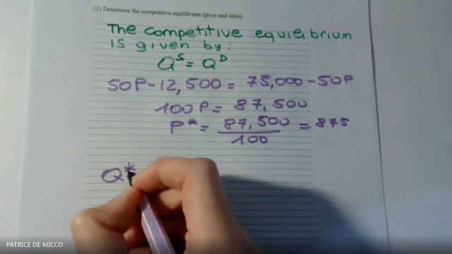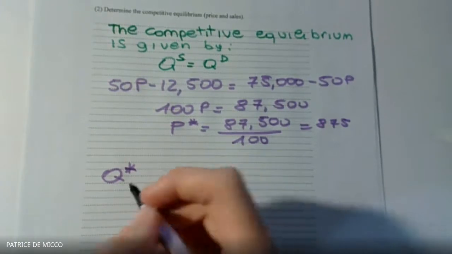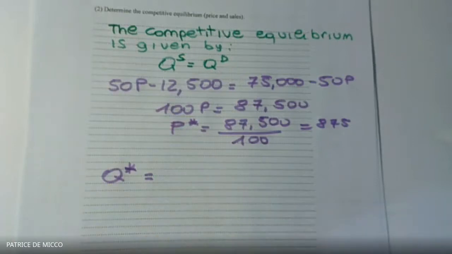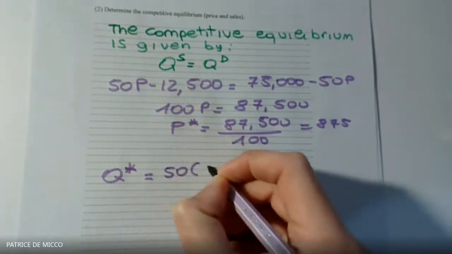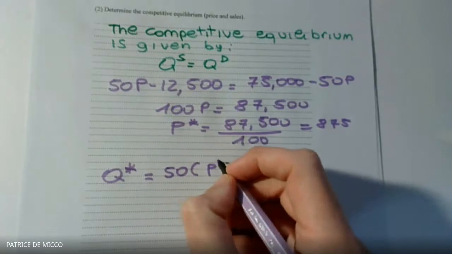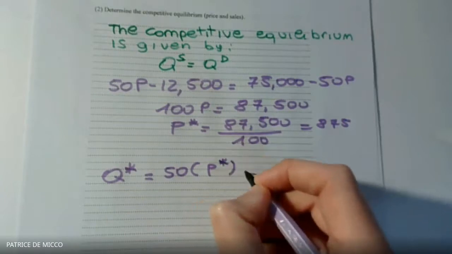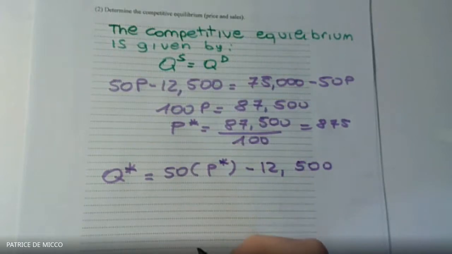The quantity produced at equilibrium by the competitive firm under this scenario is easy to find. We just substitute basically the price that we have found into either the demand or the supply. It's basically the same, okay? So we have 50 times, for example, let's use the supply, it's the same, 50 times equilibrium price minus 12,500, okay?